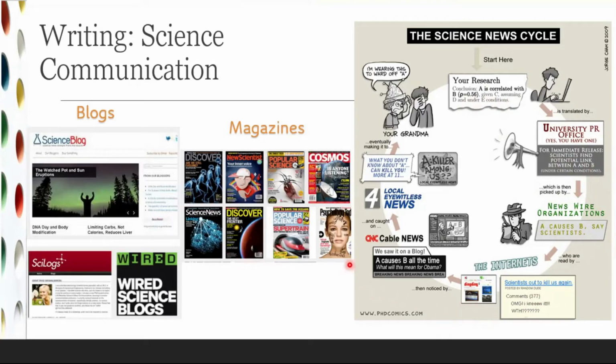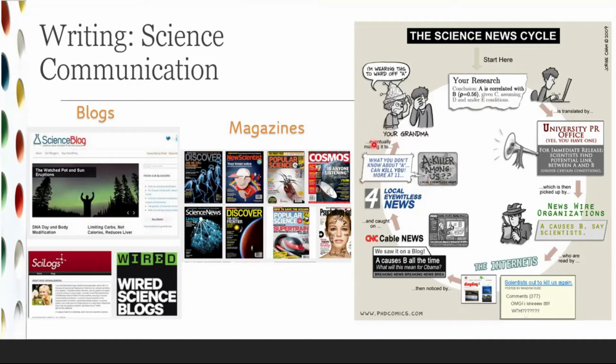Then cable news notices it, and they say A causes B all the time. And then some local eyewitness news channel says A is a killer amongst us, and you don't know how A can kill you, more at 11.